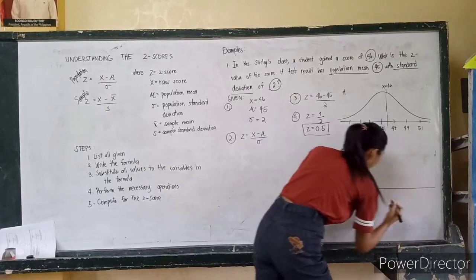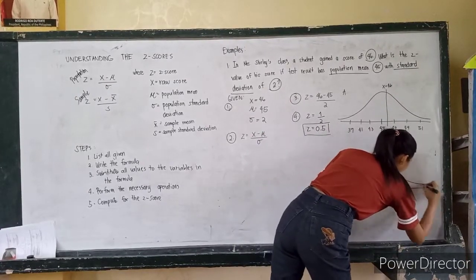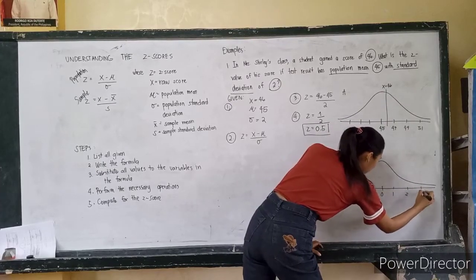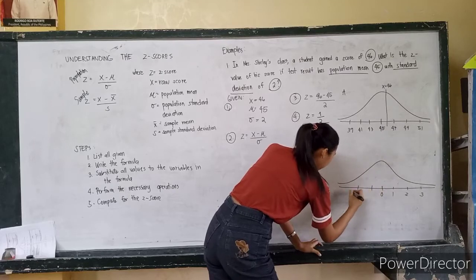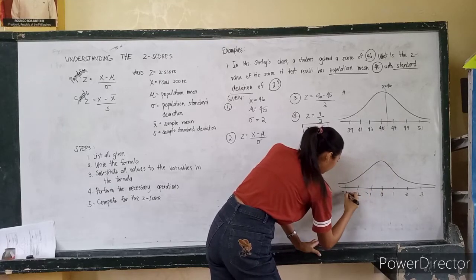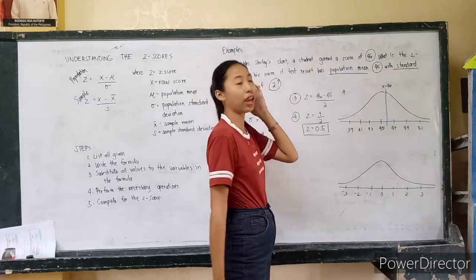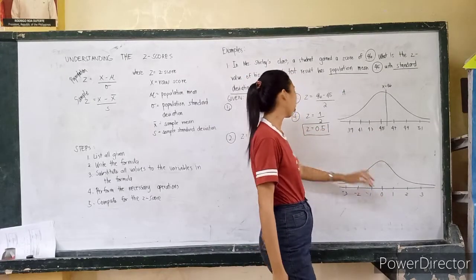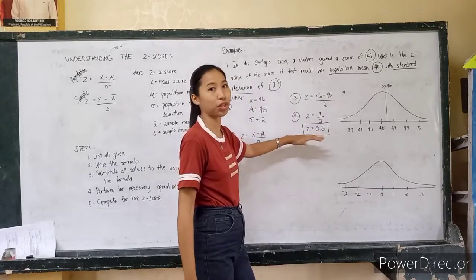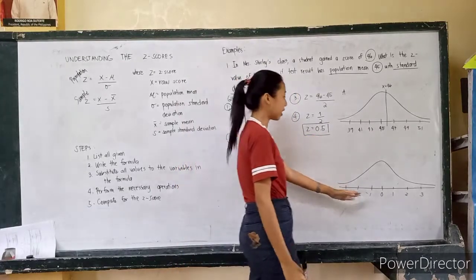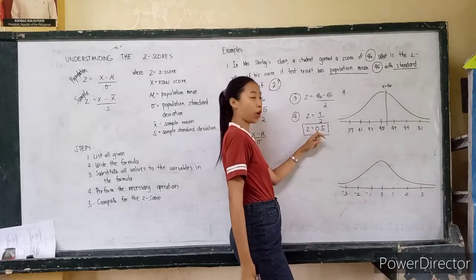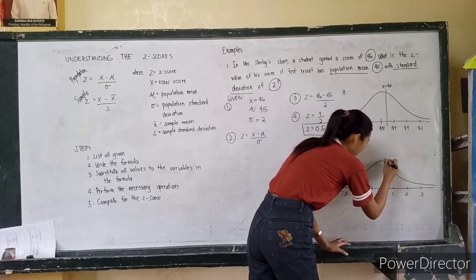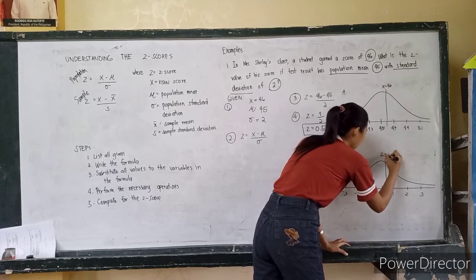So, ang standard normal curve is, ang imuhang tunga is 0, and then positive 1, positive 2, positive 3. There is a left side, negative 1, negative 2, negative 3. Okay? So, ibig sabihin, si 45, mo ni siya yung value ang 0. Asa mo ito makita? Si Z is equal to 0.5. Ang 0.5 is makita sa between sa 0 and 1. So, diri siya. This is Z is equal to 0.5.